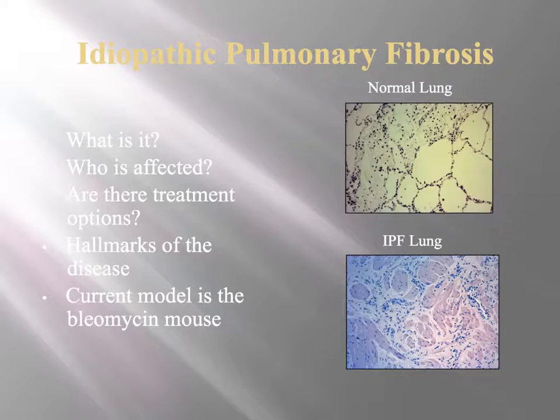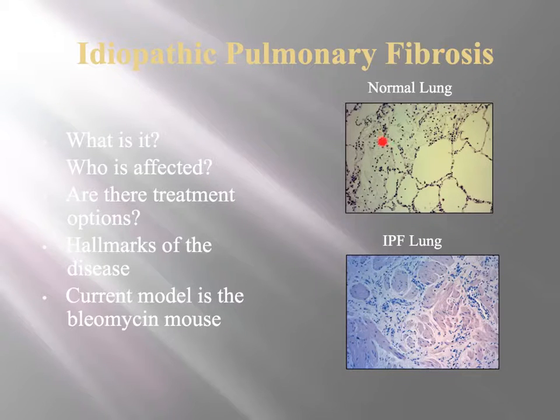Some of the hallmarks of the disease are a dying off of lung epithelial cells that facilitate gas exchange in the lungs, an overproliferation of alpha smooth muscle expressing myofibroblasts, which form what are called fibrotic foci in the lungs, and a loss of normal lung architecture.